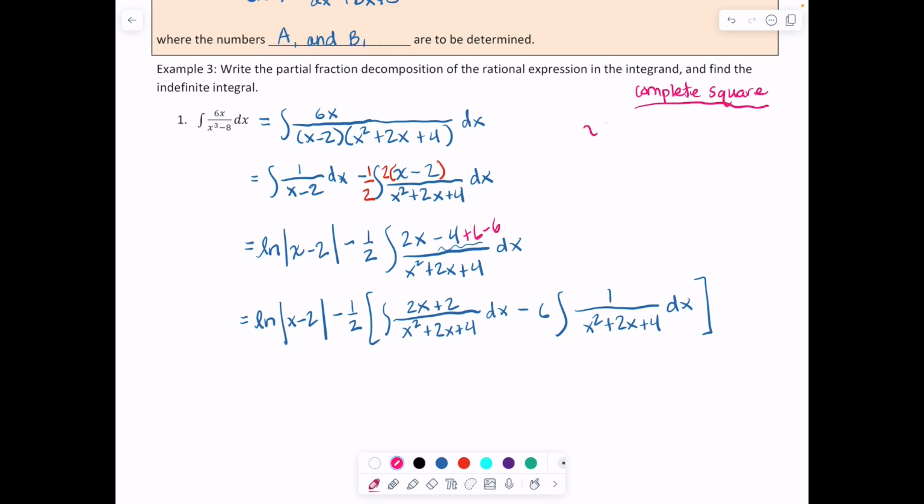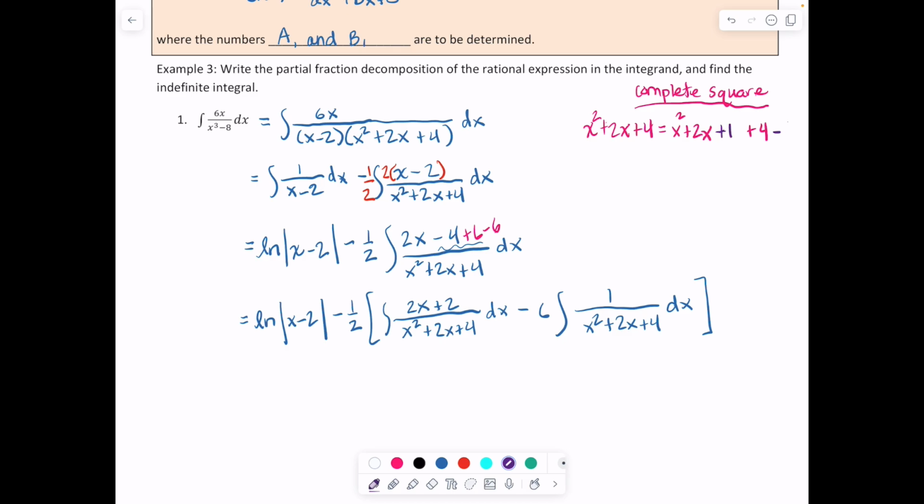We start with our x squared plus 2x plus 4. Now don't forget that is equivalent to x squared plus 2x, and I'm going to put the plus 4 a little bit aside from it. And then half of the coefficient of the x is 1. And if I square 1, I still have 1. So I'm adding 1.